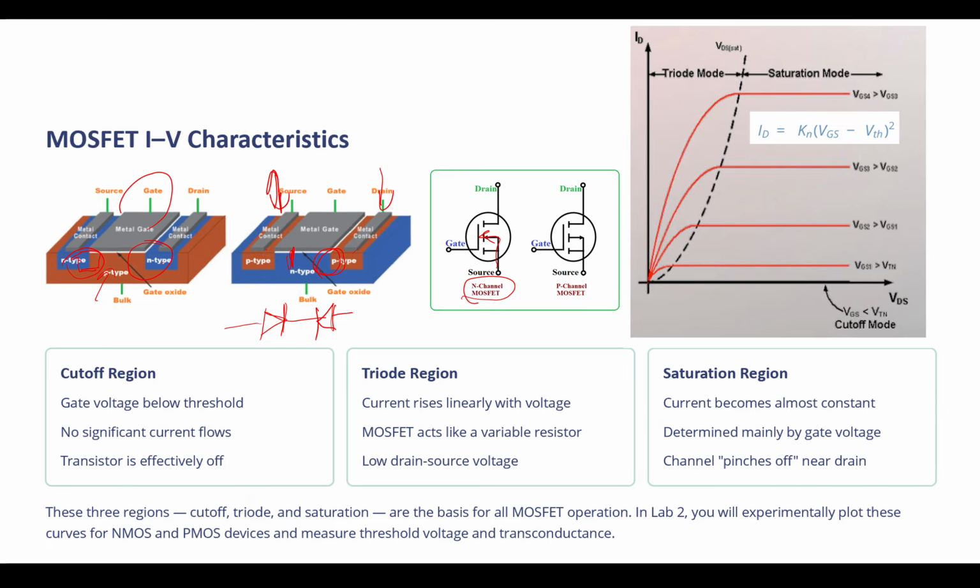That means it's cut off. It cuts the current off. Is that clear? If there's nothing applied to the gate, no current, zero, everything. It doesn't matter how strong the voltage between the drain and source is.